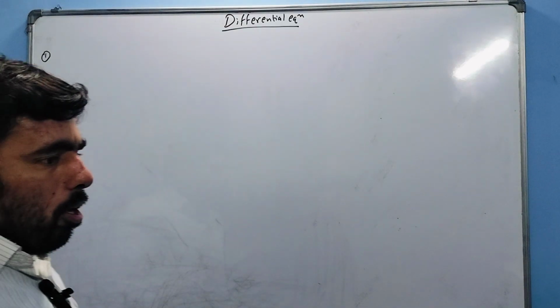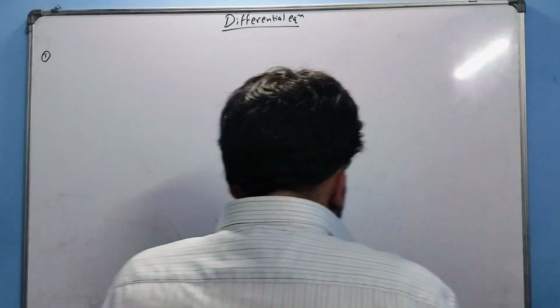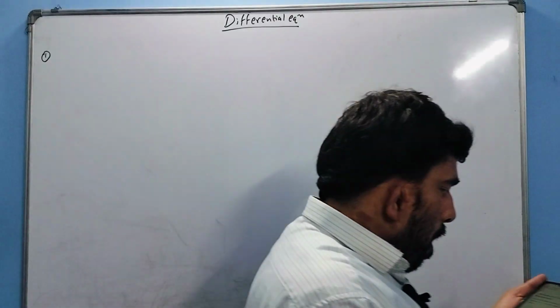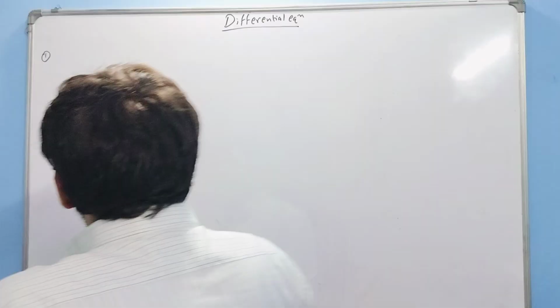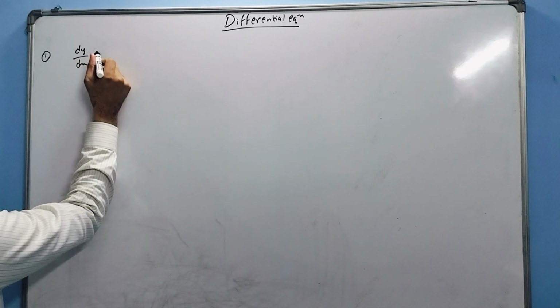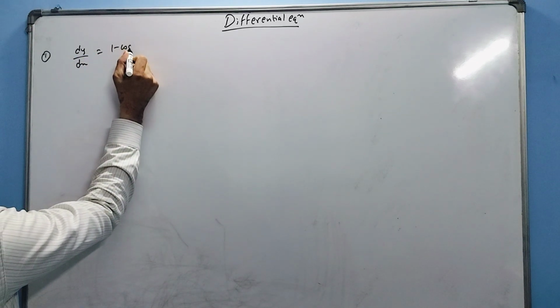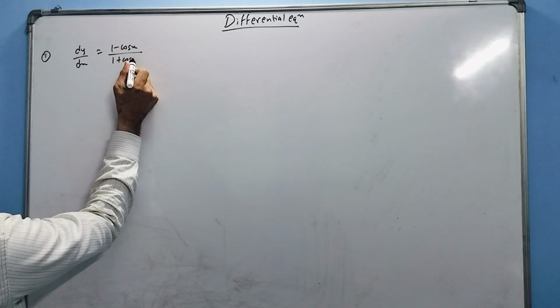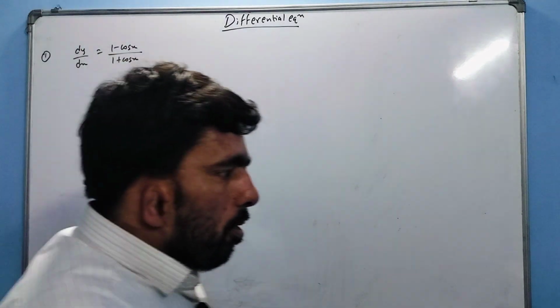Okay, so the question we have to solve is dy by dx is equal to (1 minus cos x) upon (1 plus cos x). Let me confirm first.